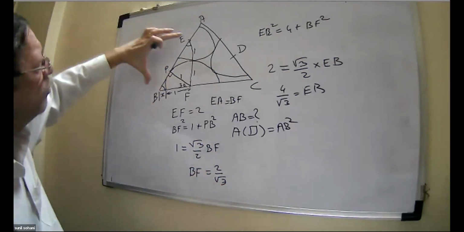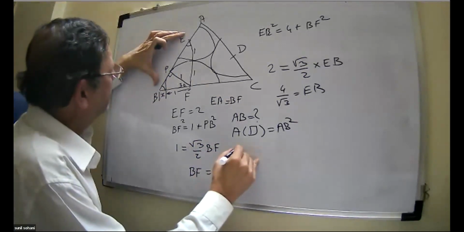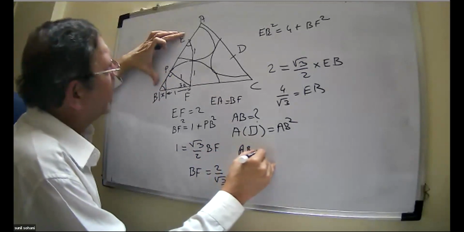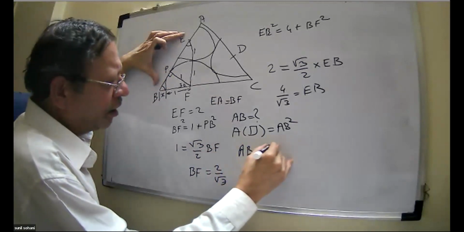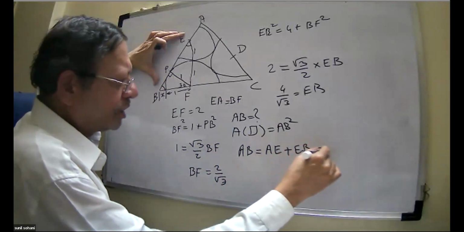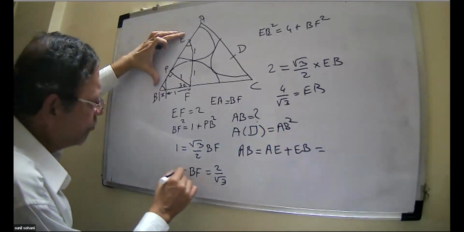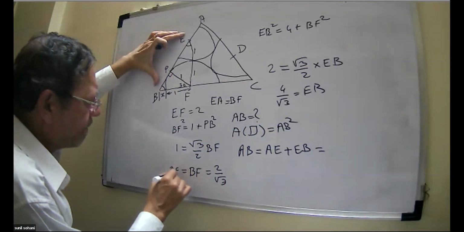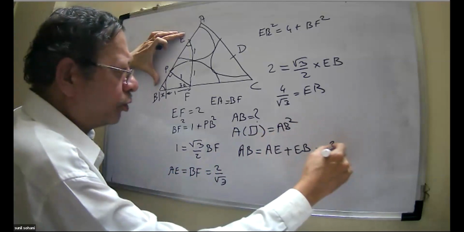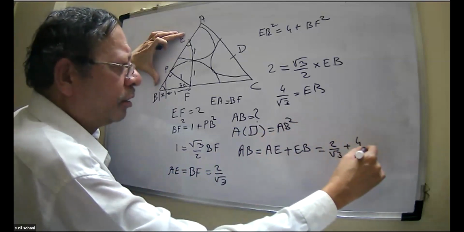So now we have the side EB, which is 4 upon root 3. So let me represent AB, the total length, as the broken parts AE plus EB, which is AE. AE is nothing but BF, 2 upon root 3, and EB is 4 upon root 3.